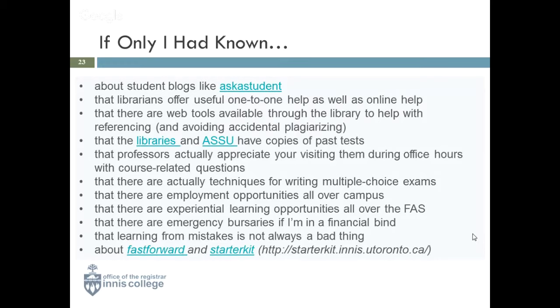And Fast Forward is a site also managed by Innis College, where students who have graduated from U of T, not just from Innis, but from across the Faculty of Arts and Science, who graduated with whatever program, are in this Fast Forward database to say what undergraduate experiences they had, what programs they did, what further learning they went on to do, and what jobs they got.